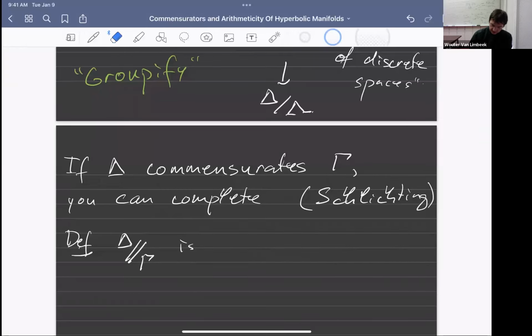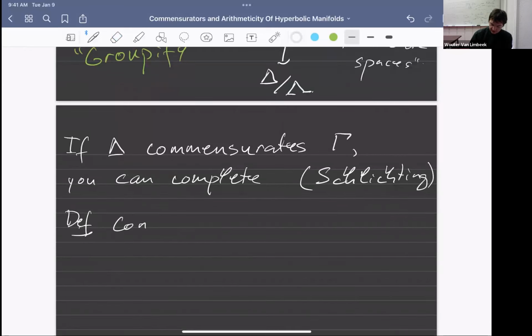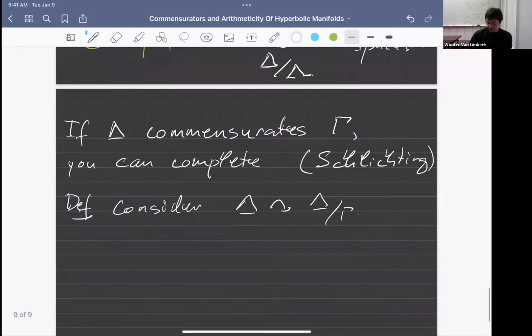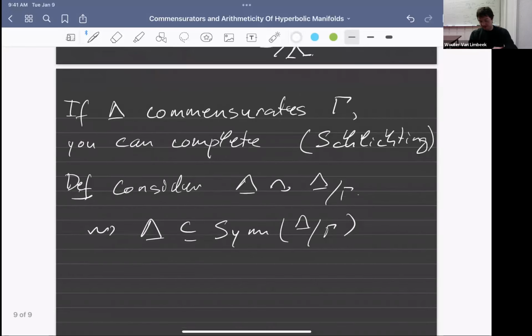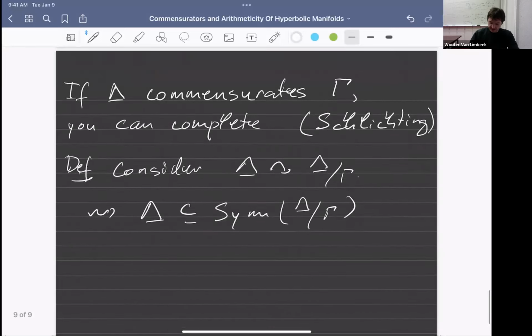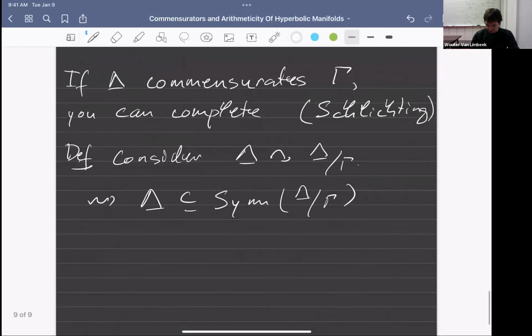Let me first say, you consider the action by translations. This tells you that delta is a subgroup of bijections. This is crazy abstract and seems completely pointless, but delta is a subgroup of bijections. And you can topologize this group of bijections.